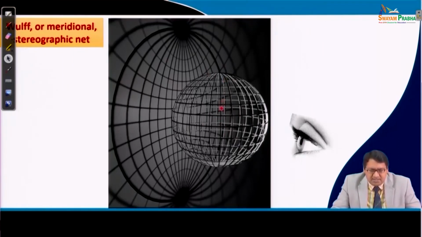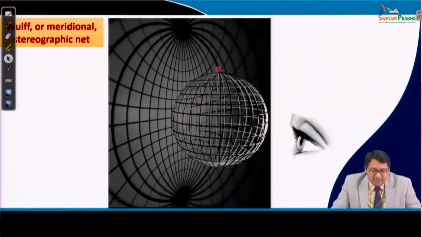Now, you see that the latitudinal lines, except the equatorial line, see I have started showing it on the 2D stereographic projection, because it is much easier to observe it on the 2D instead of the 3D, which is here. This equatorial line is basically the great circle. All the other latitudinal lines show the small circles, right.